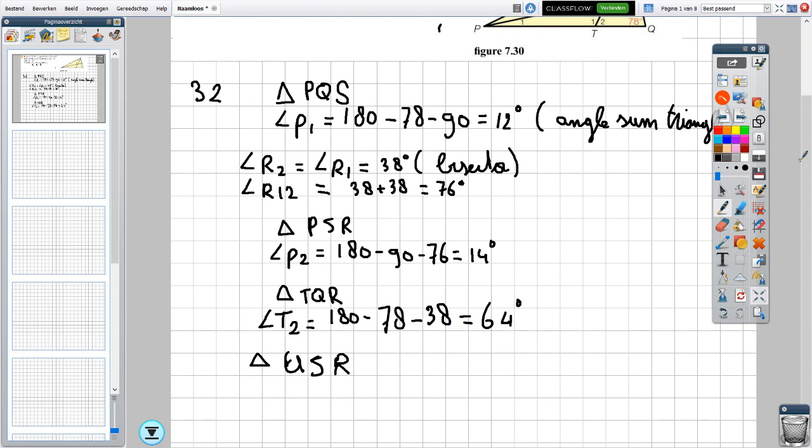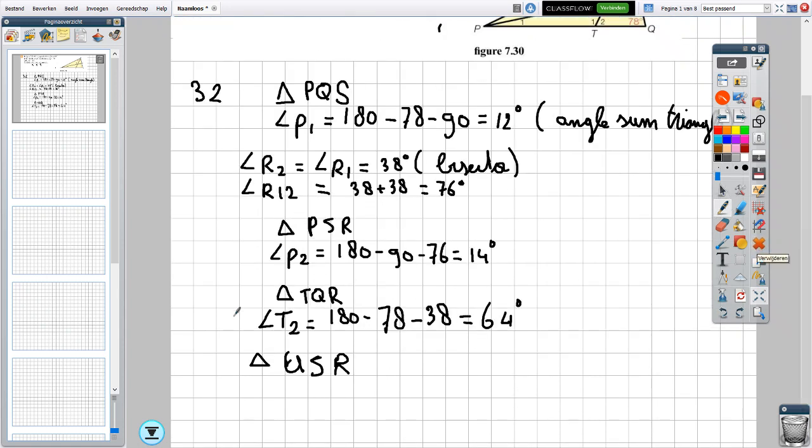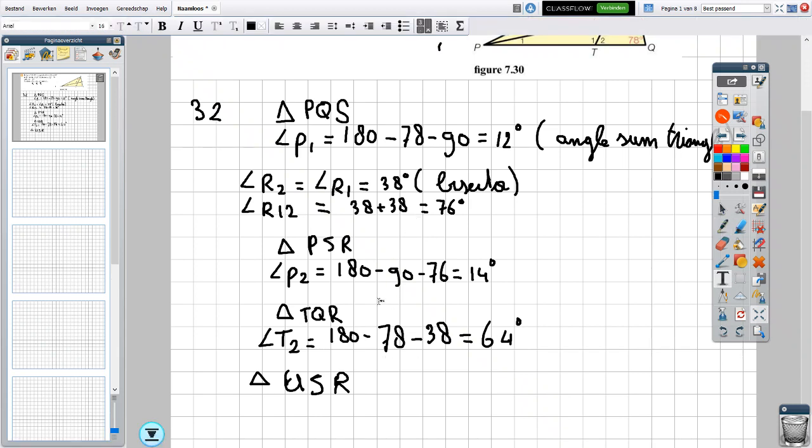In triangle USR, I can say that angle U3 is 180. Oh, my tablet is acting up again. Sorry guys. I think I'm going to type this part for a moment. So angle U3 equals 180 minus 90 minus 38, which is going to be, if I'm correct, 52 degrees.